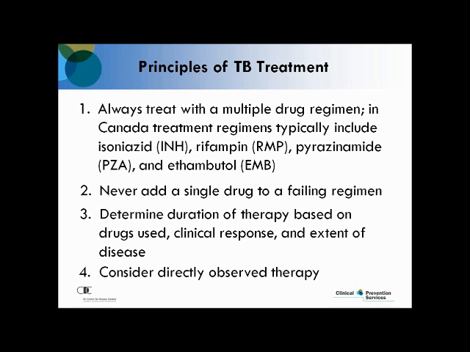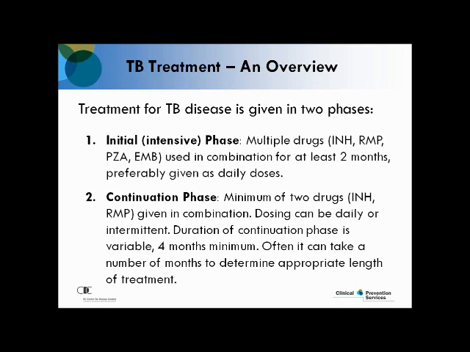So we always look at gold standards when we talk about TB and these particular webinars, but there are adaptations locally. Again, treatment. This is just a little bit of an overview. Really important to look at the intensive or initial phase of medications.